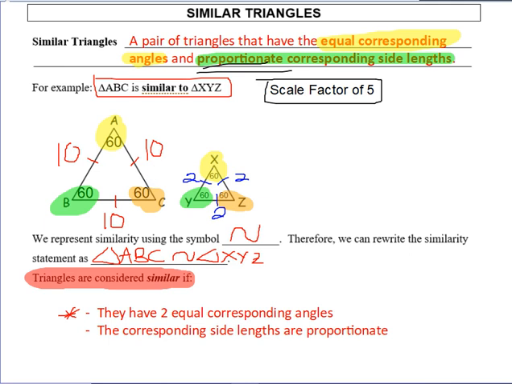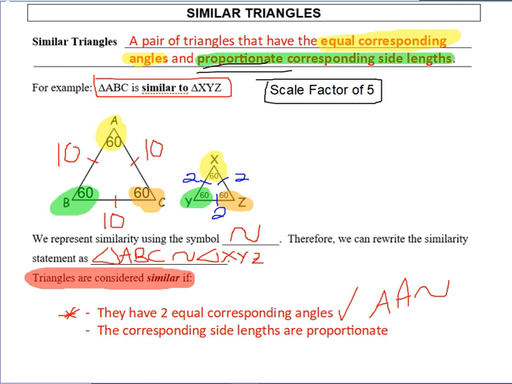If two out of the three corresponding angles are equal in any triangle, then the third one also has to be equal, because they all have to add up to 180. So if they have two equal corresponding angles, they are similar. And they might call that angle-angle similarity. That's the condition. They say, yes, these are similar because of angle-angle similarity.